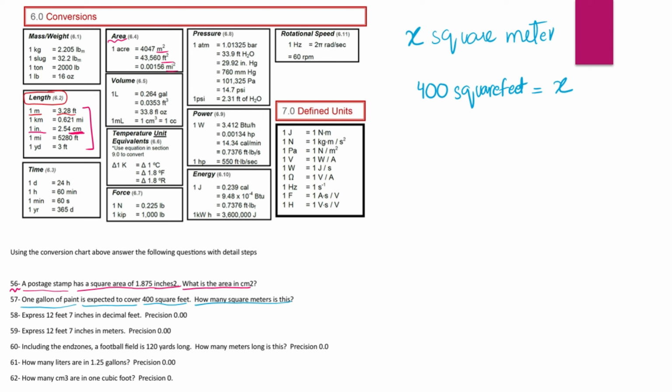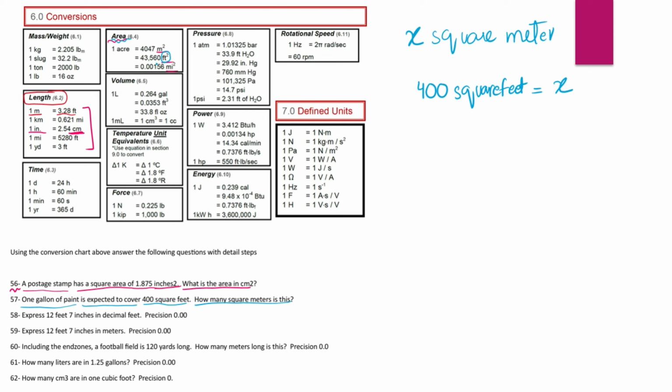Now the second thing that we will see is the table. We will see what the conversion values are. We need to find the square meter and we have a value in square feet. So let's go to the area section. It is written feet square here.